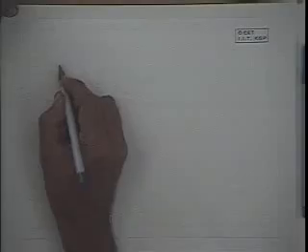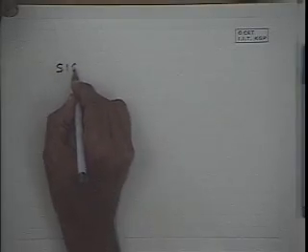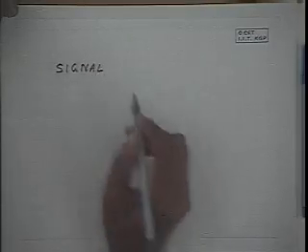Now we have to send this data over the communication model that we have already discussed. Now to send data, we have to use what is known as signal. That means we have to convert data into some form of signal. Question is, what is signal?